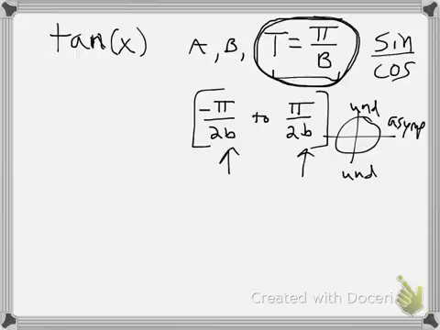And so I guess the best way to understand tangent is to go ahead and do a practice problem. So let's do tangent of 2x. Same kind of rules where you're going to flip it if you need to, sketch it, label it.